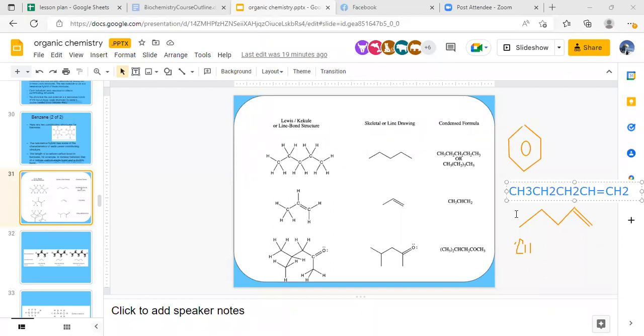Because in biochemistry, instead of drawing everything, we can't draw everything, so we will resort to drawing skeletal or line structures. It's like a shortcut compared to drawing the whole molecule.